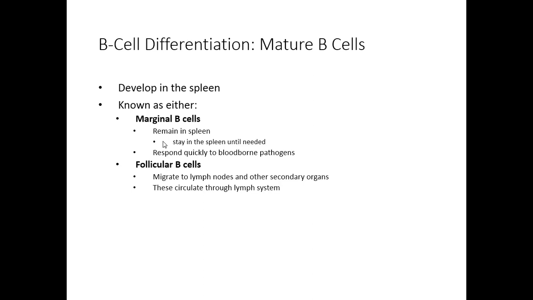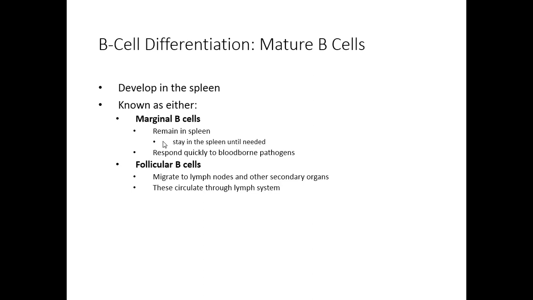When the immature B cells move out into the spleen, we know from our discussion of the secondary lymphoid tissue what the purpose was. The cells that move out into not just the spleen, but really the secondary lymphoid tissues are known as either marginal B cells or follicular B cells.